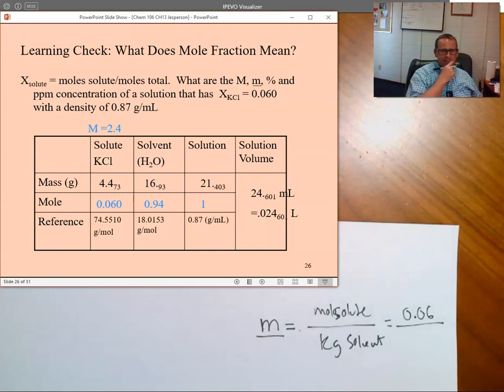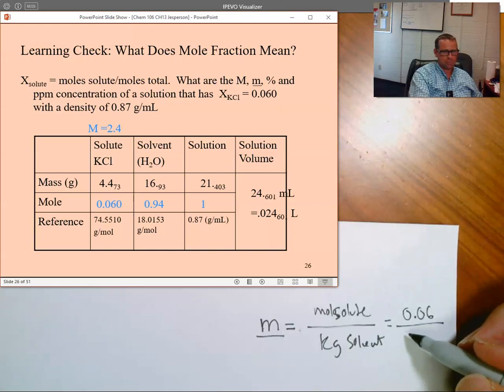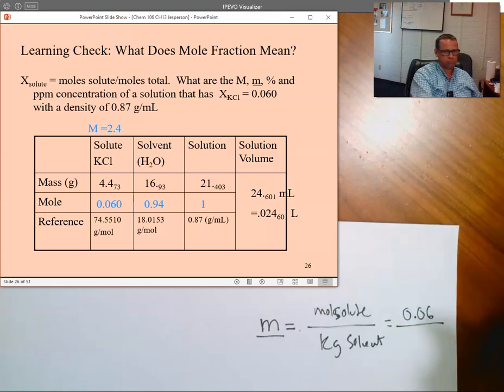What are our kilograms of solvent? 16 is not kilograms.